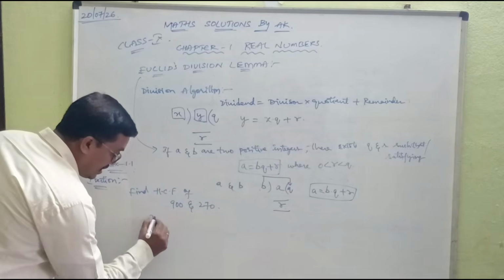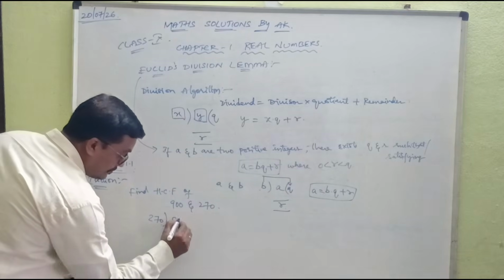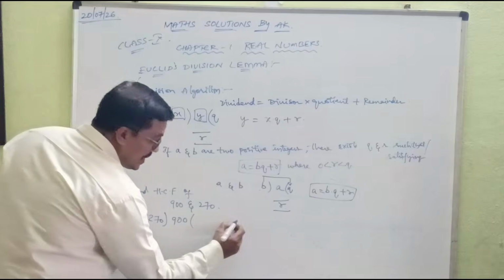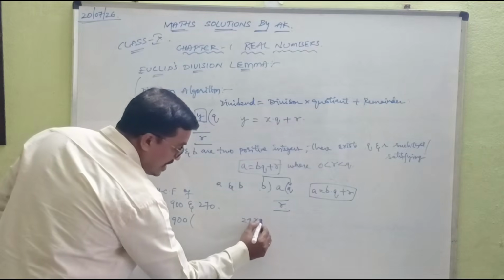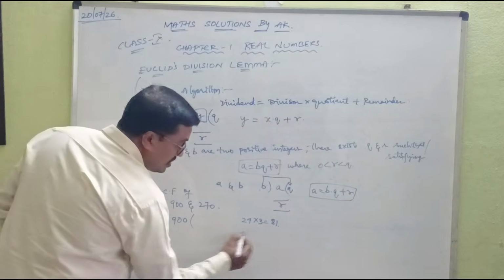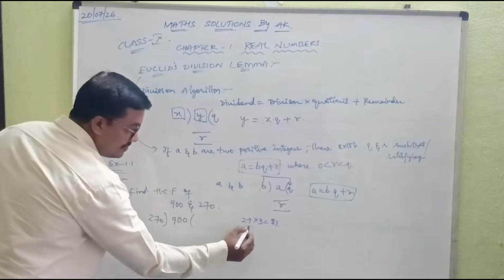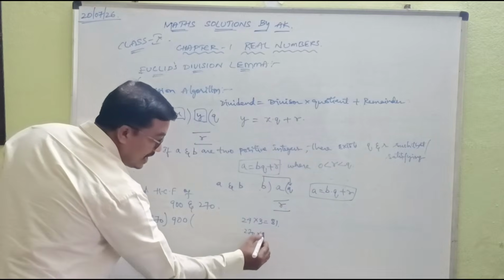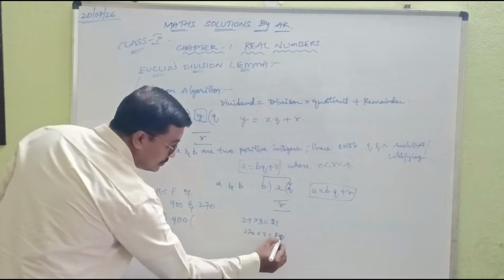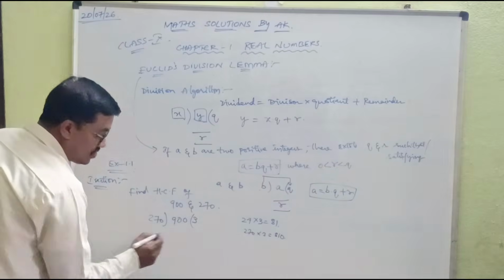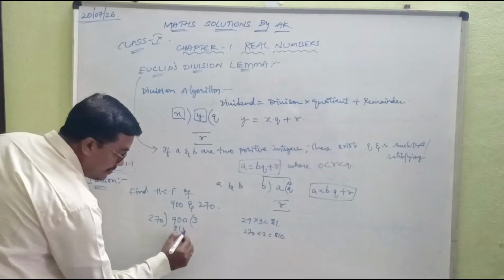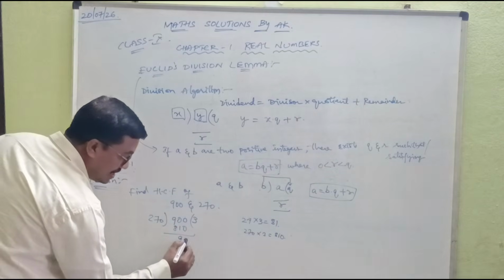With 270, you divide 900. 270 into 3 will be 810. So 3 times, you are getting 810, and you will be left over with 90.